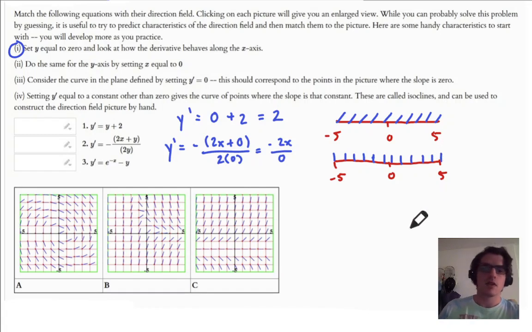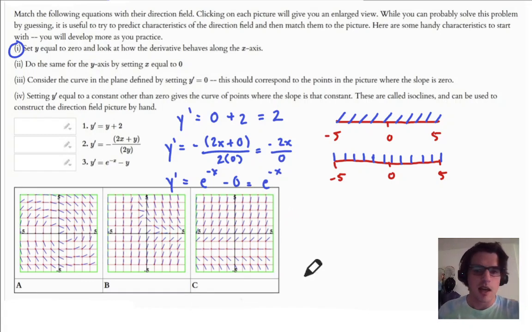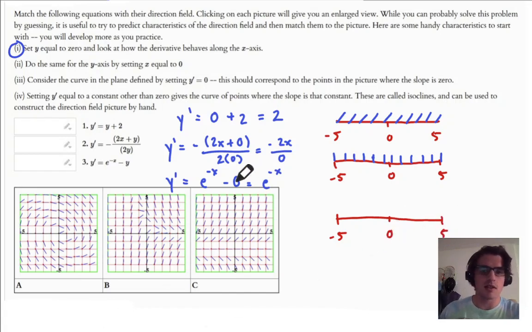So we should be able to see that in one of these pictures. And we can see that 1 and 2 are clearly quite different. And finally, we'll do y prime equals e to the negative x minus 0, or y prime equals e to the negative x. So this actually is going to change as we move from left to right. If we plug in 0 for x, we get 1.